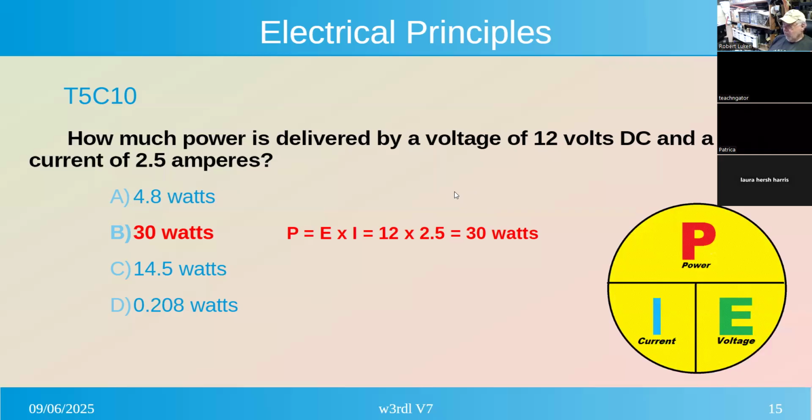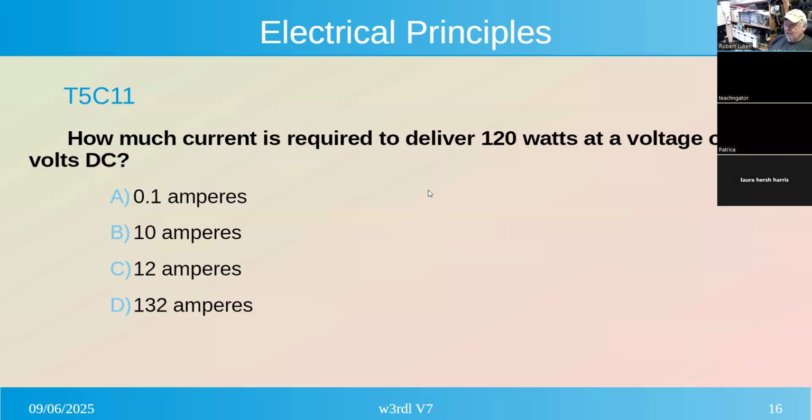Are we okay with that one? I'm good. So how much current is required to deliver 120 watts at a voltage of 12 volts?